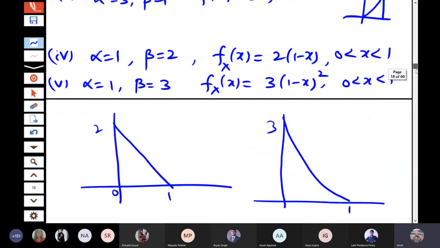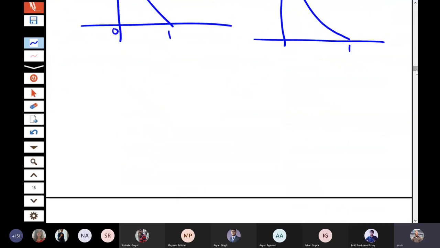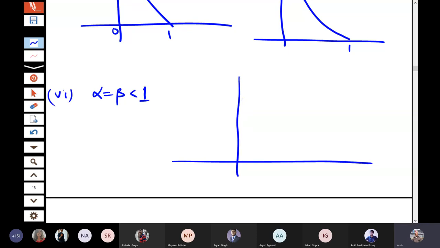Suppose I take alpha equal to half, beta equal to half. Okay. Suppose I take alpha equal to beta less than 1. Then the shape will be something like this.